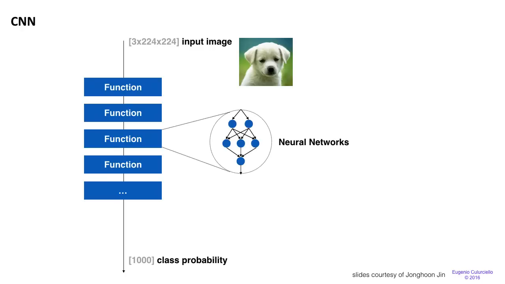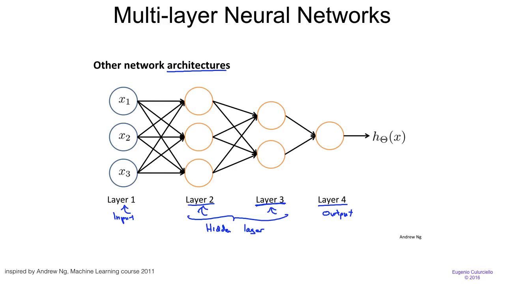So the CNN is broken down into a smaller set of functions or layers, and each one of those layers is a neural network, very similar to what we've seen before in the previous lectures. This neural network can be of a single layer or multiple layers.